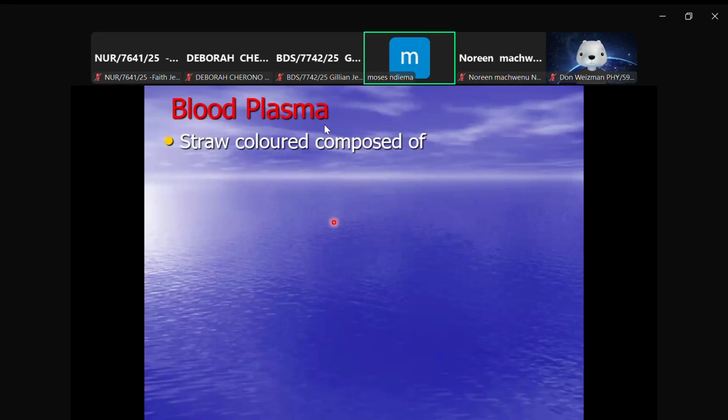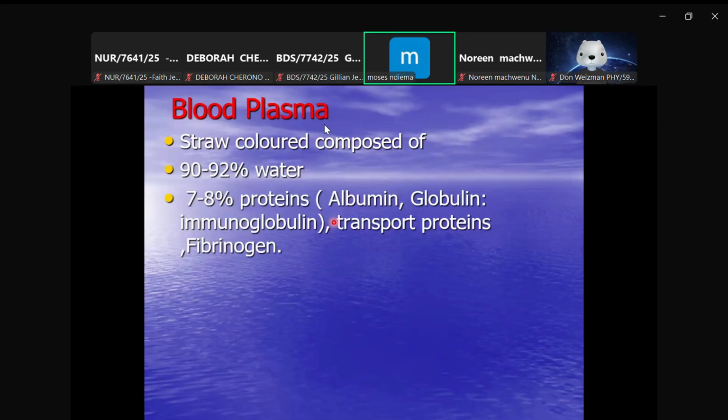About 90 to 92% is mainly water, and then 7 to 8% are proteins. Of the proteins, albumin is a major protein that we have in blood, and albumin is synthesized in the liver.